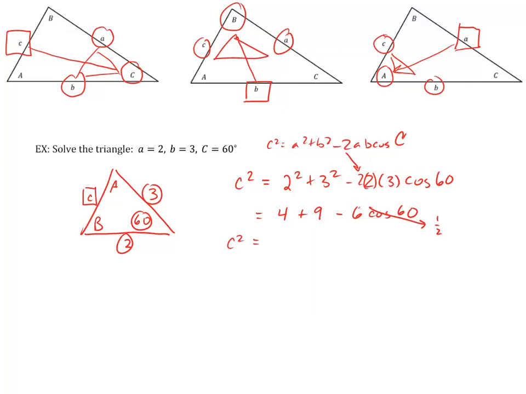Sorry. So this becomes 12 times 1/2, which gives me 4 plus 9 minus 6, which altogether is 7. So c is going to be the square root of 7. So now I know this side over here is the square root of 7, so I could use the law of cosines again.